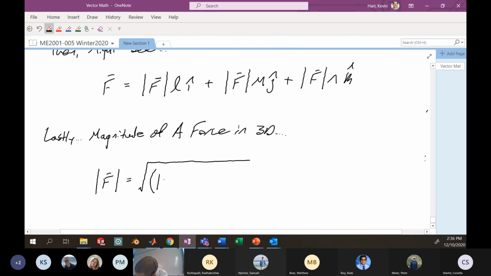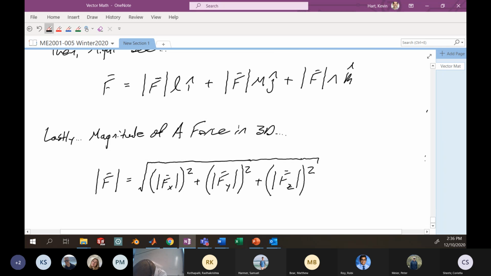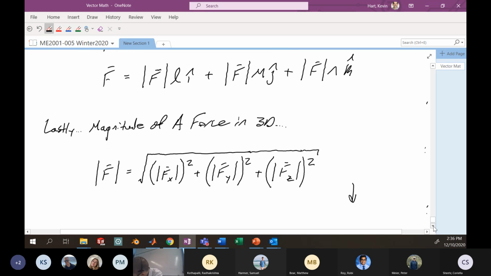This will be the magnitude of the component in the x direction squared plus the magnitude of the component of this force in the y direction squared plus the magnitude of this force in the z direction squared. That's another little bit of information that you might have. And what comes out of this, if you expand this a little bit, is kind of an interesting result.